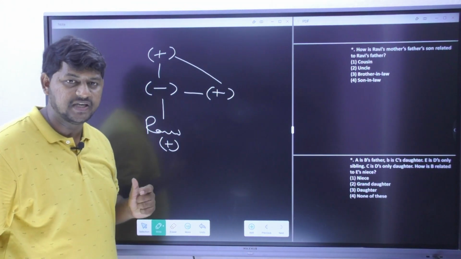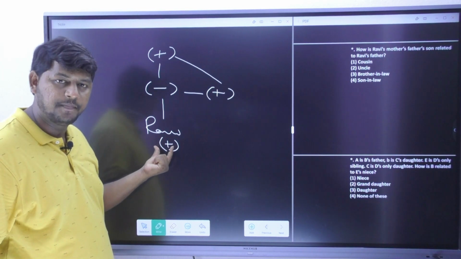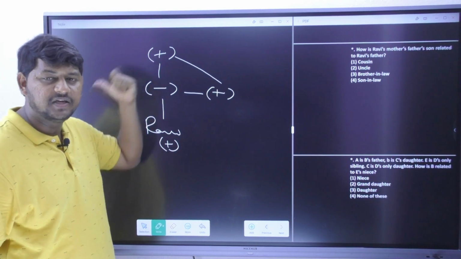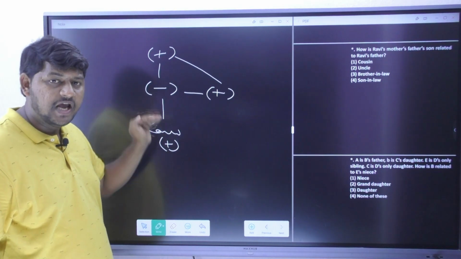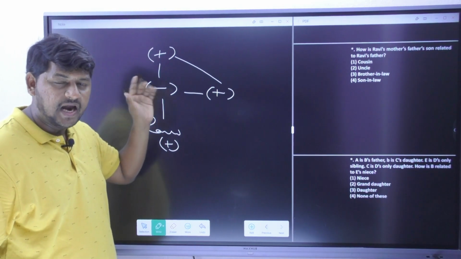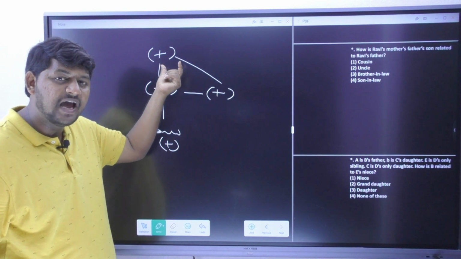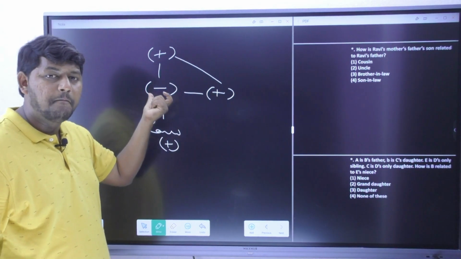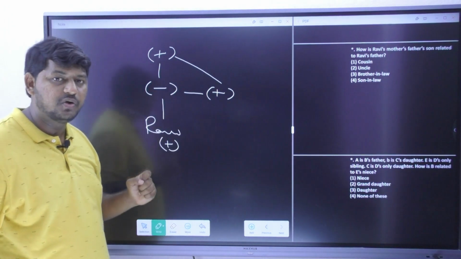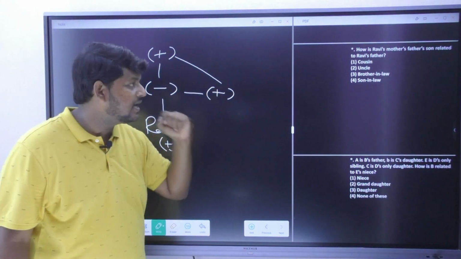Please observe, I am saying it one more time. Ravi's mother's father is Ravi's grandfather. Which grandfather? Maternal grandfather. And that maternal grandfather is having a son, so it is nothing but Ravi's maternal uncle. They are talking about Ravi's maternal uncle.